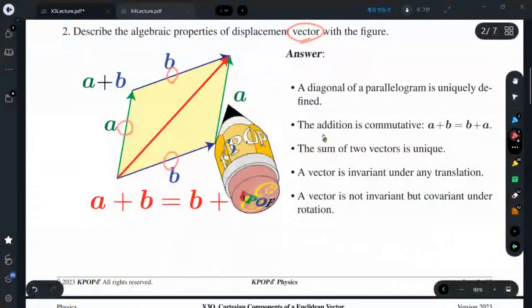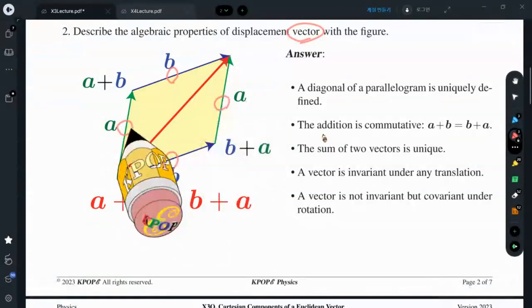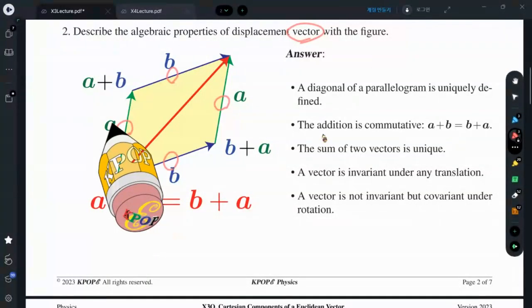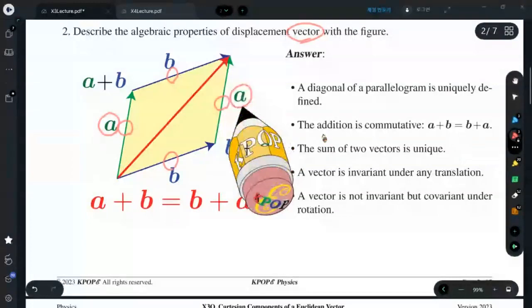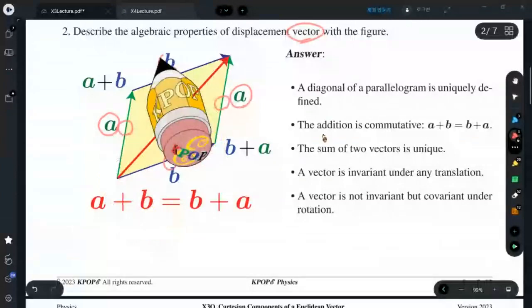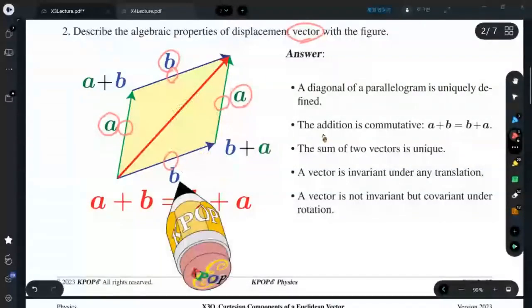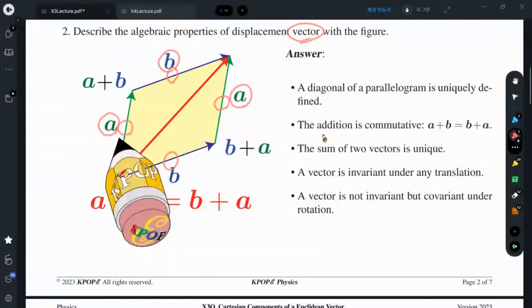Another pair of parallel sides are A and A. If a vector is the same as another vector, we denote them by the same symbol. Here it is A vector and this is B vector. From this figure, we can see a vector is invariant.